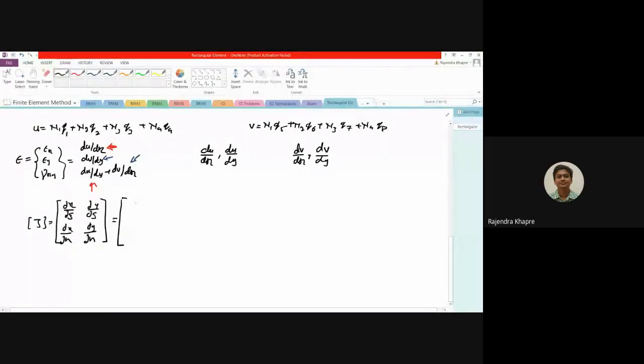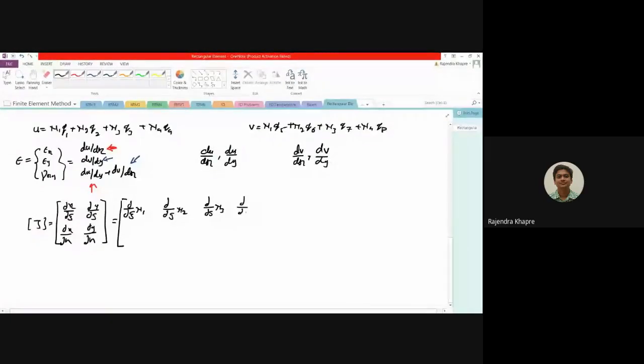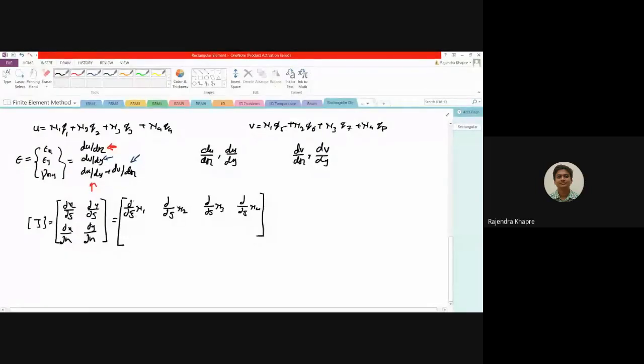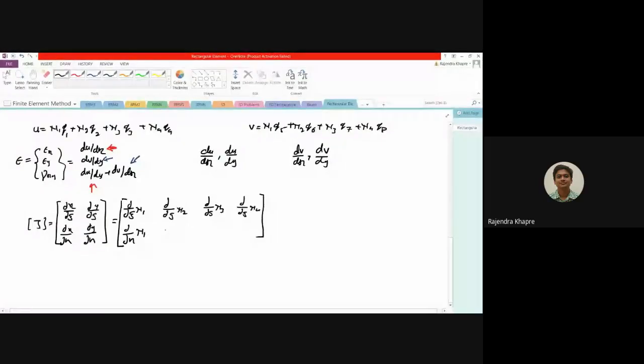Okay, so here this will be del by del xi of n1, then del by del xi of n2, del by del xi of n3, and del by del xi of n4. And similarly over here we can write del by del eta of n1, del by del eta of n2, del by del eta of n3, and del by del eta of n4.